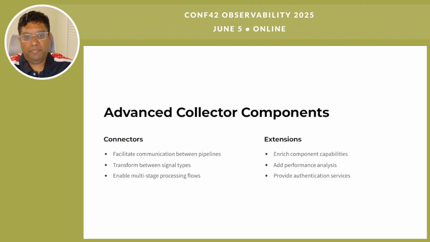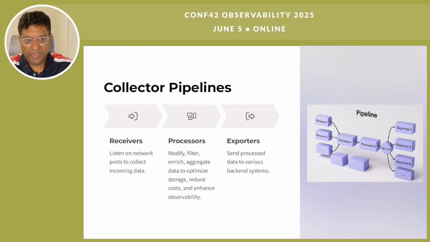And there are two more optional components of the collector. Connectors facilitate the connection or communication between the pipelines, transform different signal types, and enable multi-stage processing flows. Extensions enrich the component capabilities, add performance analysis, and provide authentication services.